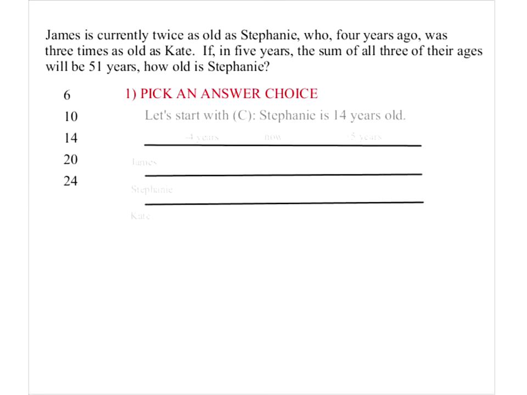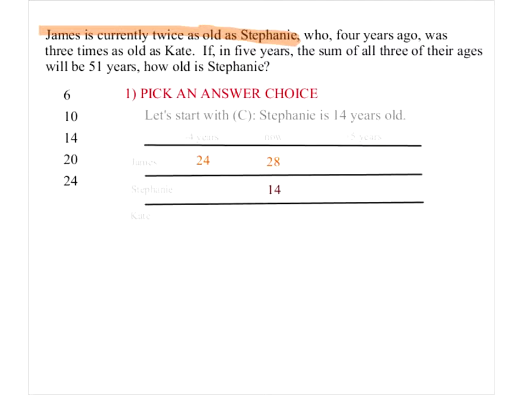So if Stephanie is 14 years old, then here's what we have so far in the problem. If Stephanie is 14, we can put 14 right now. Then we can start using these relationships. So James currently is twice the age of Stephanie, so we can fill in the column for James. That makes James 28. Then we can still fill in as much of the chart as we can. So if this is James' age now, we can subtract 4 and we can add 5.